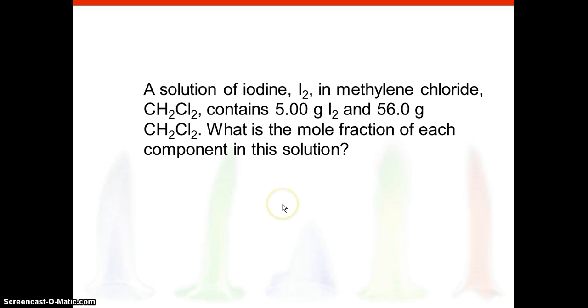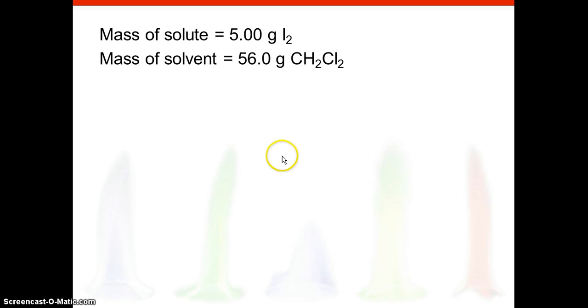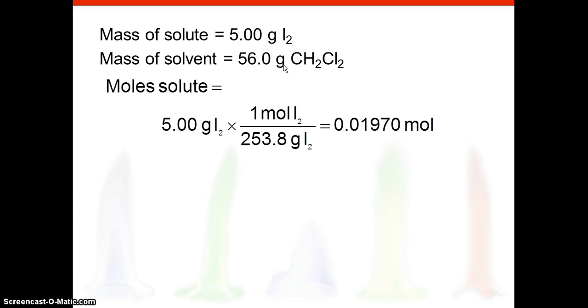Now, let's take an example of mole fraction. A solution of iodine, I2, in methylene chloride contains 5 grams of iodine and 56 grams of CH2Cl2. What is the mole fraction of each component in this solution? So we know 5 grams of iodine and 56 grams of CH2Cl2.